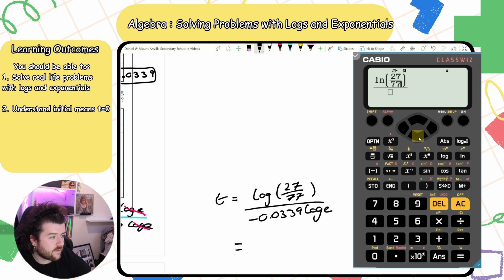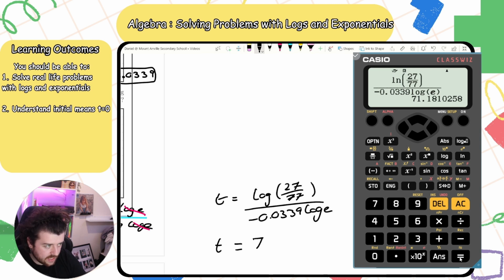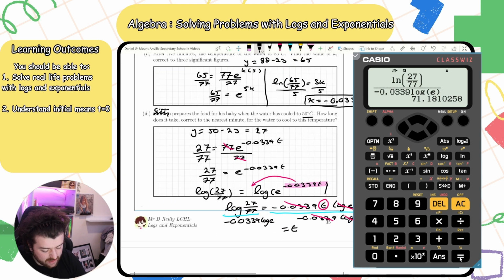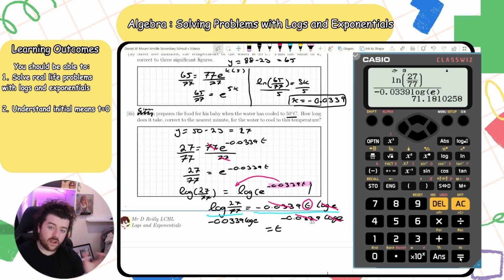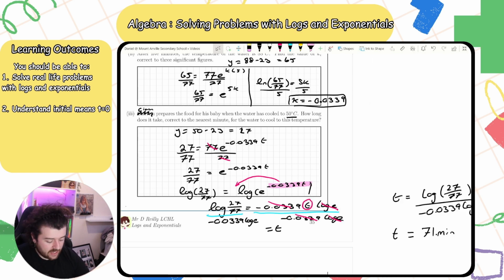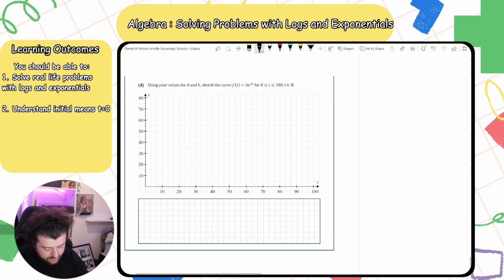And I'm going to get time is equal to 71 minutes. So it takes 71 minutes for the water to cool down to 50 degrees.